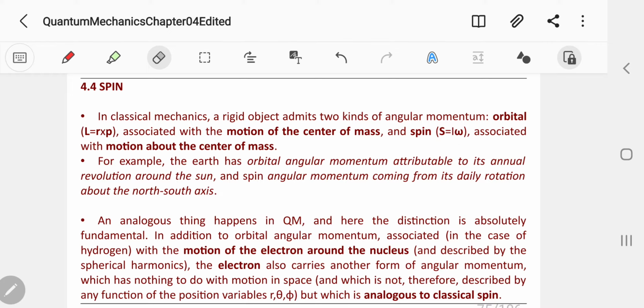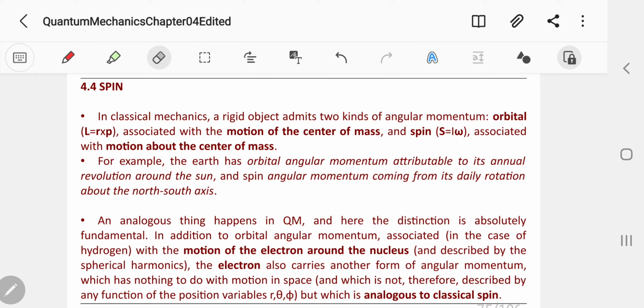The earth rotates on its axis as it revolves around the sun. The earth has a spin, and at the same time it has an angular momentum as it revolves around the sun.